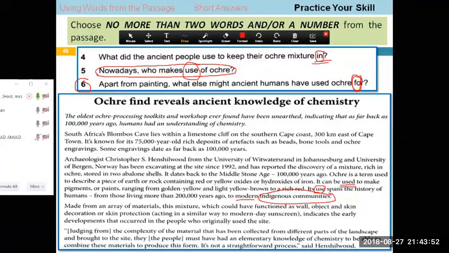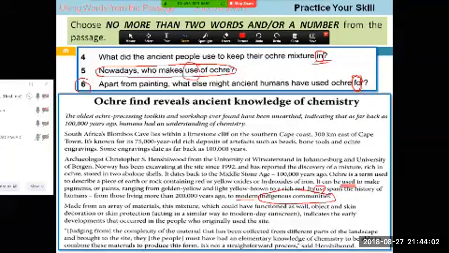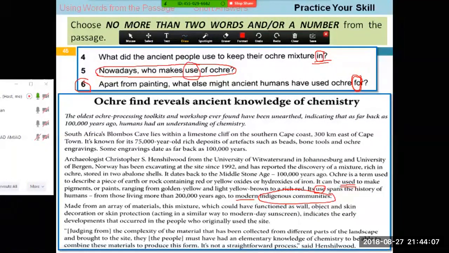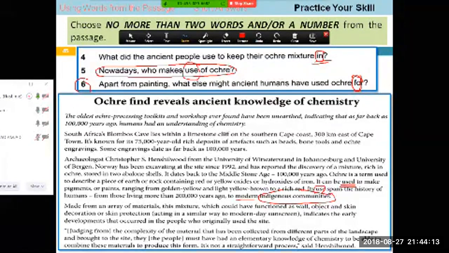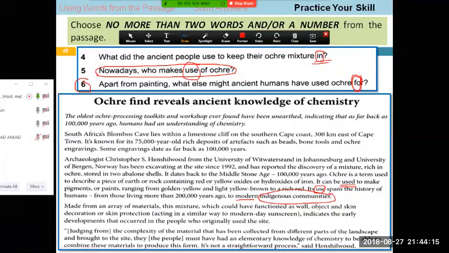Okay, what is this question asking from me? Apart from painting, what else might ancient humans have used ochre mixture for, or ochre for? So this could have been asked in a very simpler way: for what reason, or for what purpose ancient humans could have or might have used the ochre mixture apart from painting.